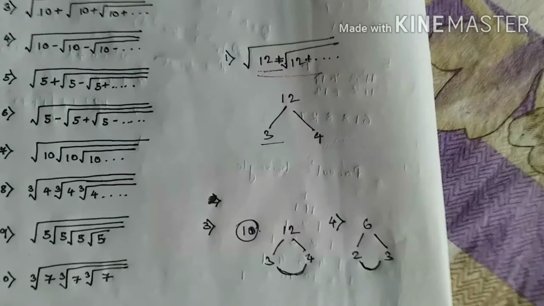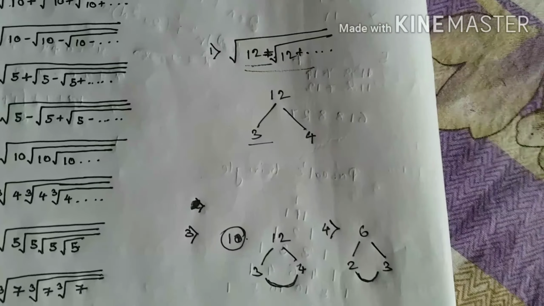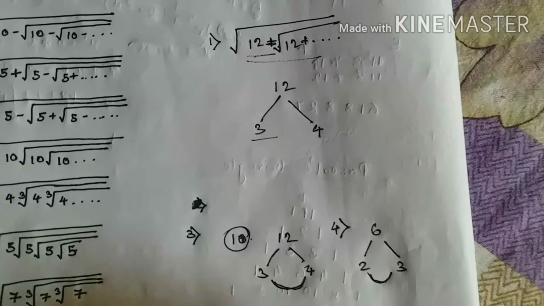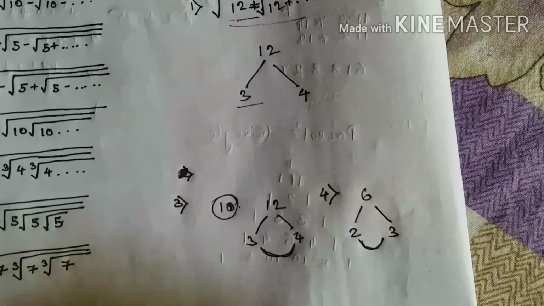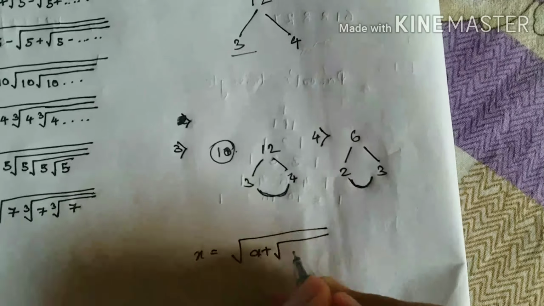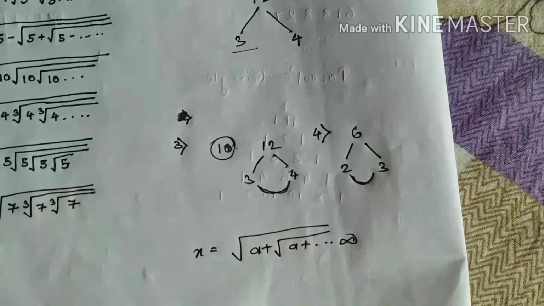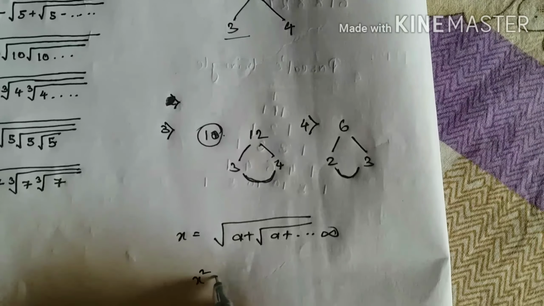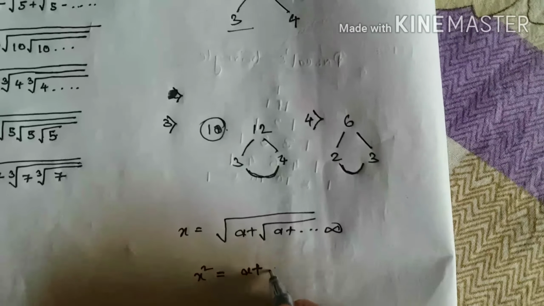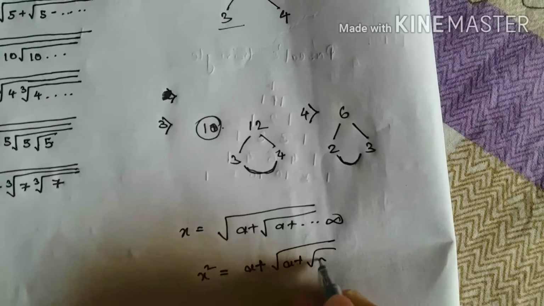Now how will we find the actual answer here? So here comes the formula which we have to use in these cases. I'm showing you only a general case. x is equal to root a plus root a plus, and this goes on till infinity. How will we find this? x square is equal to a plus root a plus, to infinity.